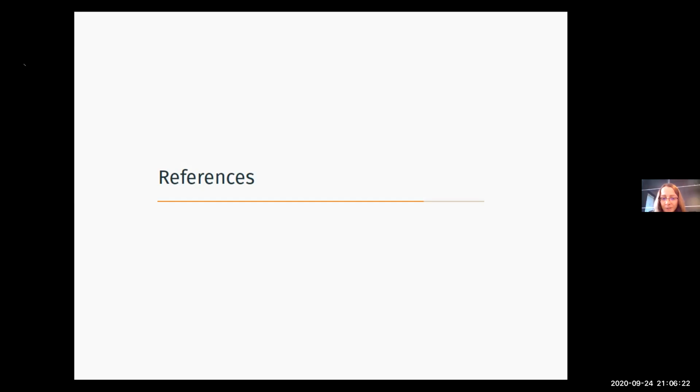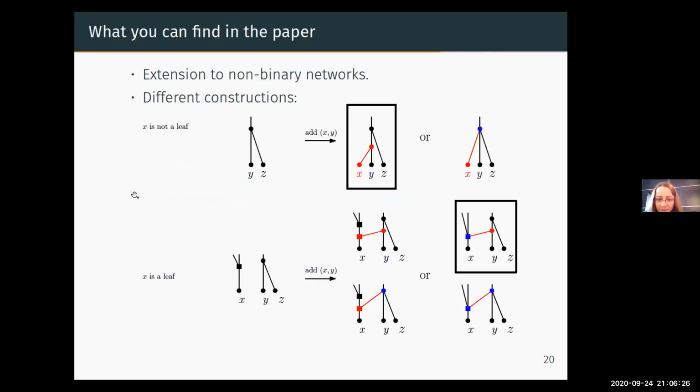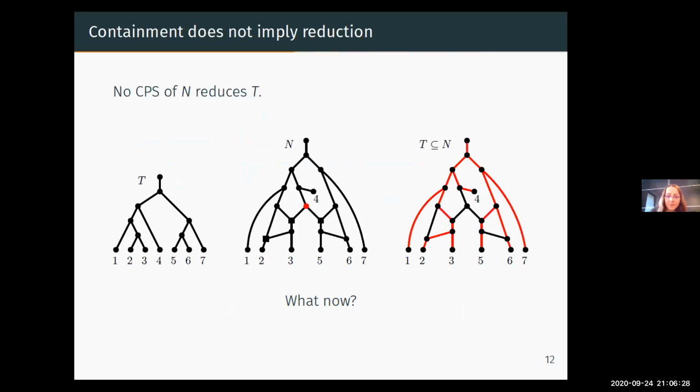Okay, and the second question was about the network on slide 12. Mareike, do you want to ask the question? So the question was whether that was reducible at all. I was wondering what is the flavor of this example? Is it reducible but the sequence does not reduce T, or is it just not reducible at all? Oh, right.